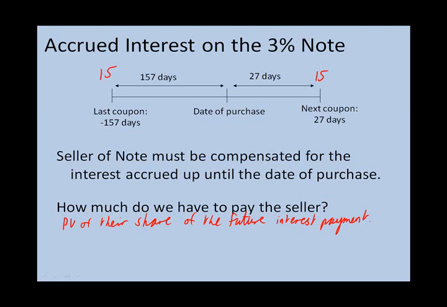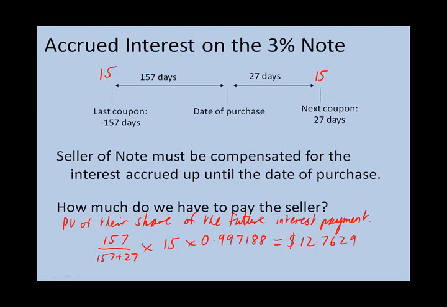Their share of the coupon is going to be 157 divided by 157 plus 27, all multiplied by the value of the coupon, which is 15, all multiplied by the discount rate for the 27 days, which is 0.997188, which gives me a total of $12.76.